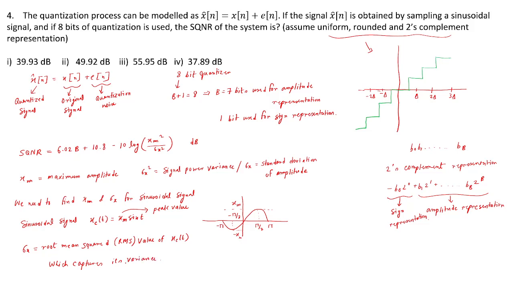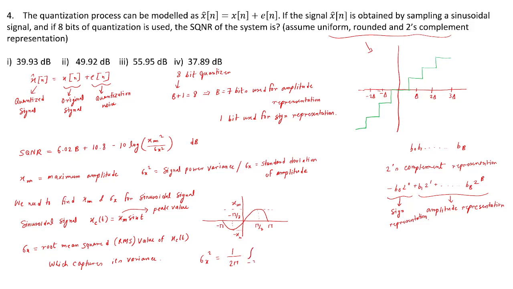And how do you compute that root mean square value? If we brush up our fundamental mathematics, we obtain the root mean square value, which we now denote as sigma x square, that captures the variance of x c of t, or power of x c of t. You can see it both ways.